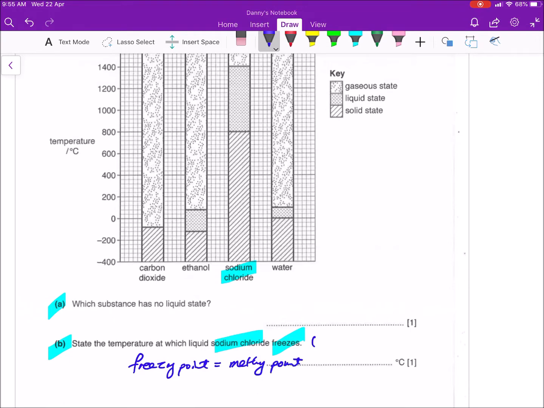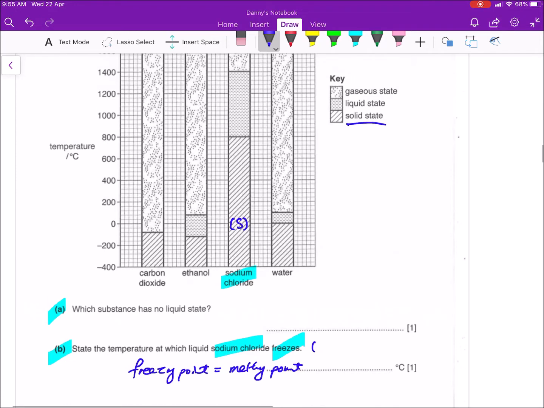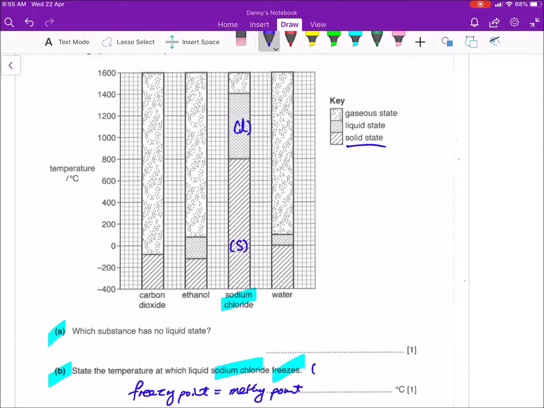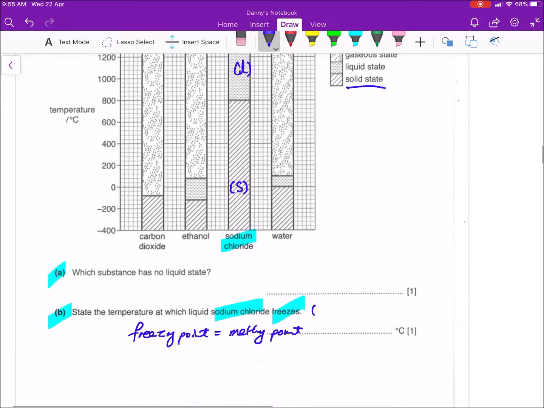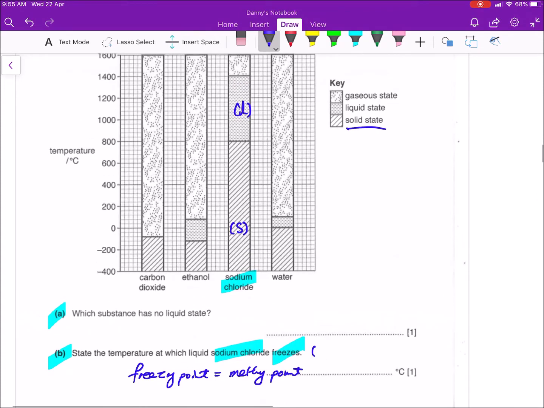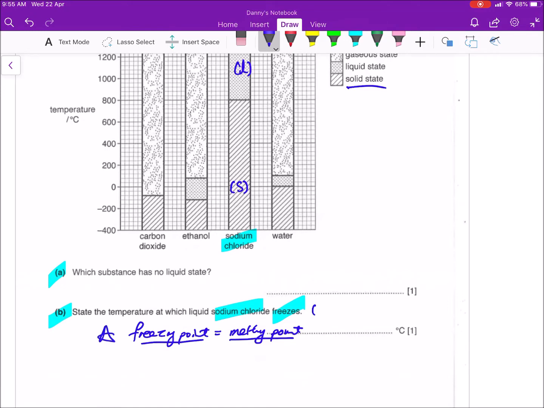Okay, because down here you have solid to liquid. So where is the melting point? Find out where is the melting point, and after you find the melting point from the graph, you can then find the freezing point. Okay, they are the same, so you need to know that. So this is your content knowledge.